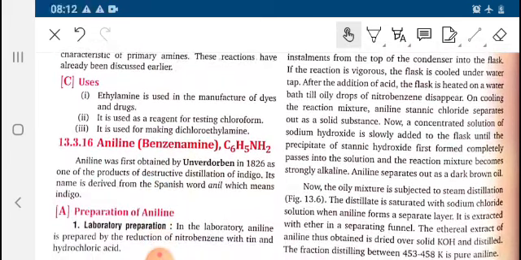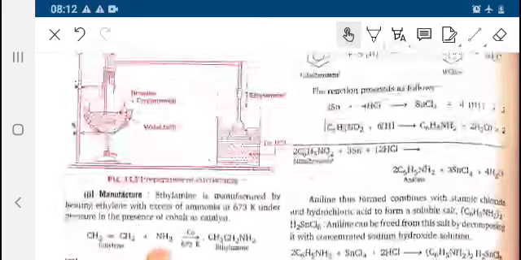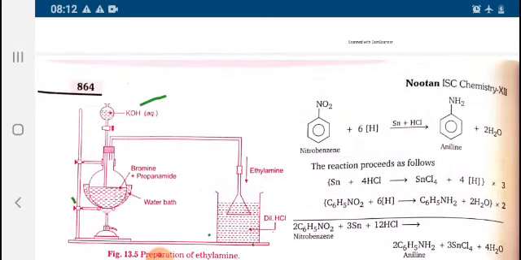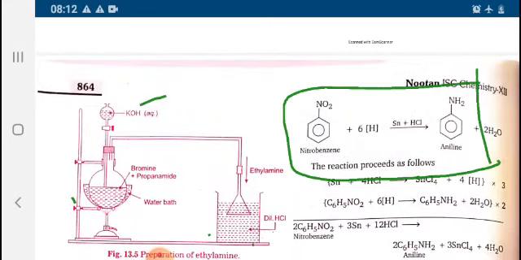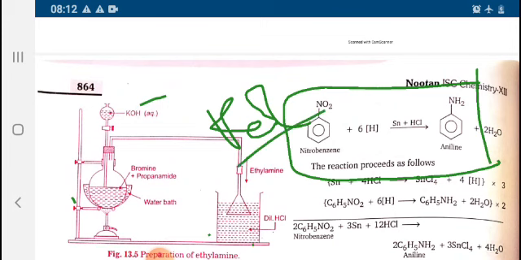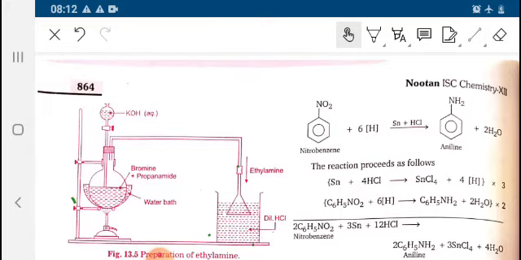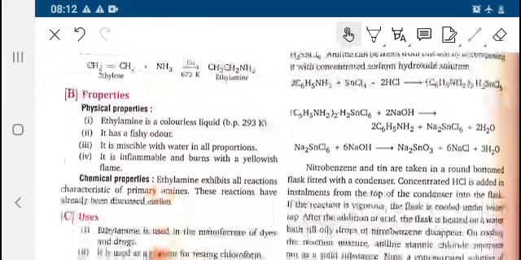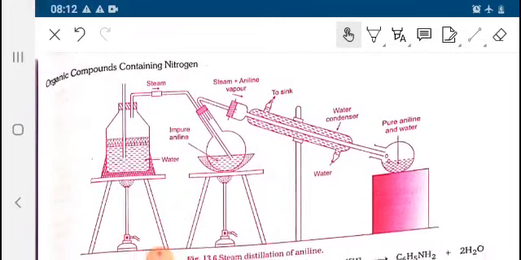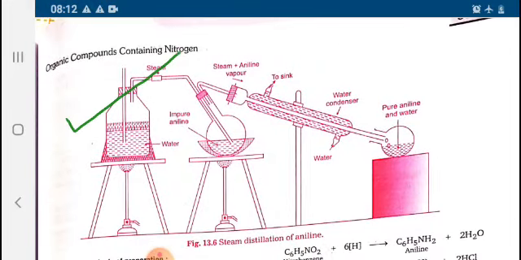Aniline, that is C6H5NH2. How to prepare aniline? It is prepared by the reduction process, as we have already discussed. Aniline can be prepared with the help of reduction of various compounds. This is the steam distillation of aniline.